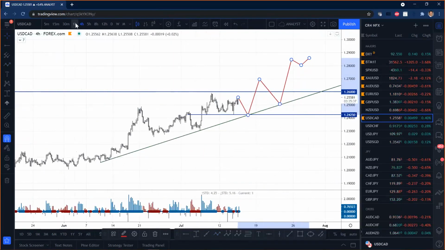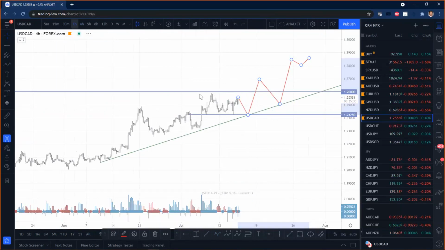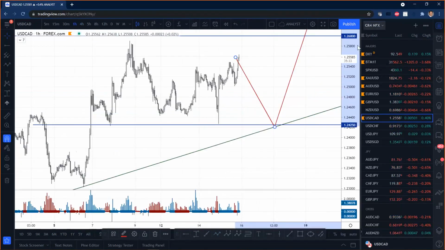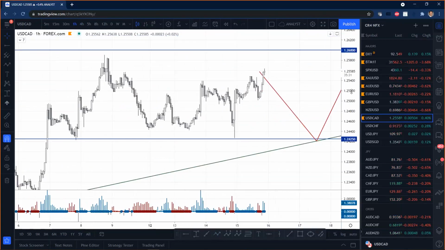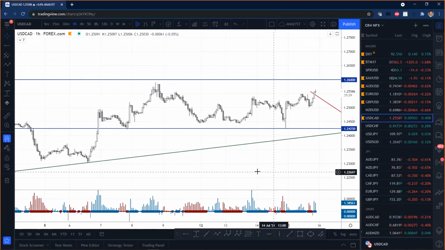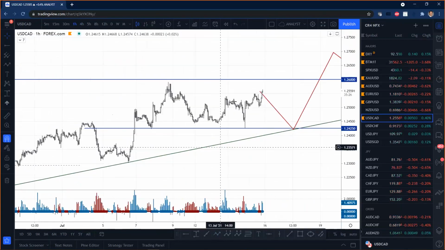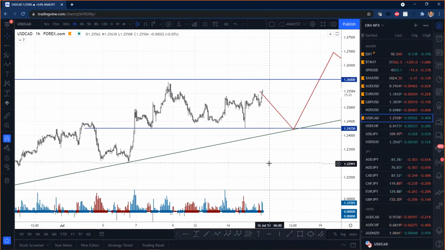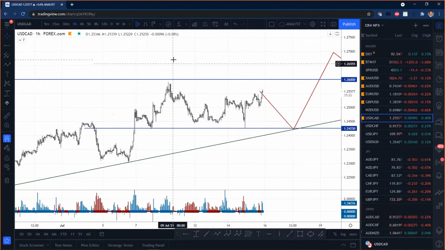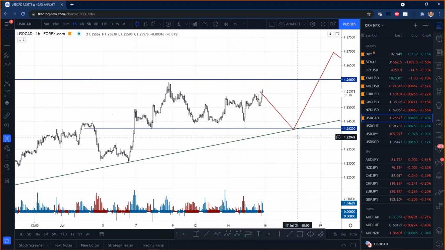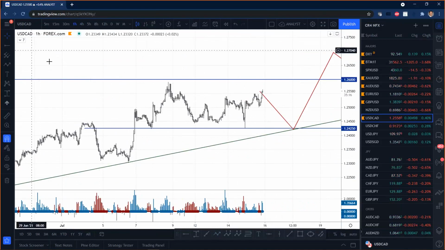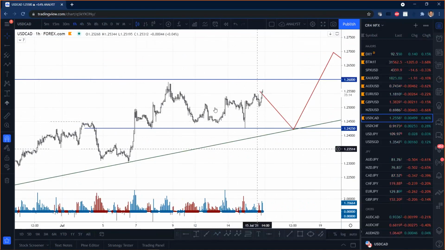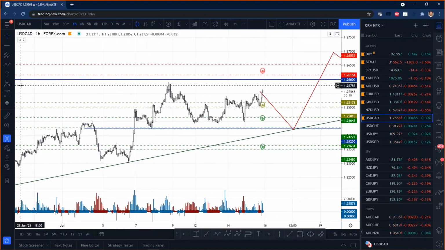If you really like to go down to some of the details to get a better view of things, you can go down to the hourly and get a sense of where you would like to enter. Do you want to use Fibonacci's? Do you want to just use a simple trend line? There are multiple techniques that people use, and of course we do have our auto UFOs. So we turn those on again.